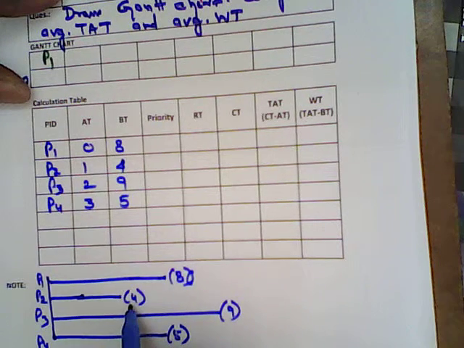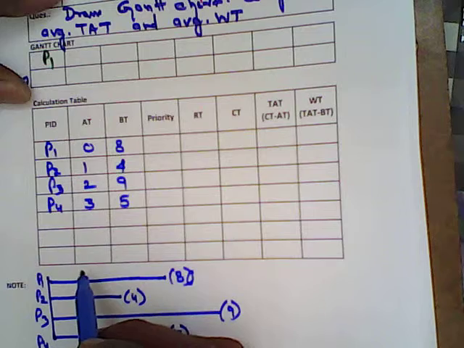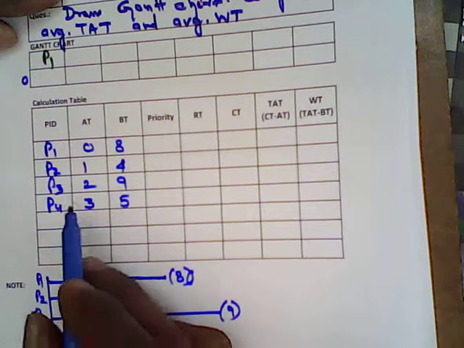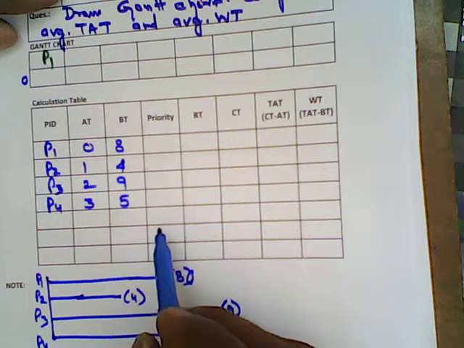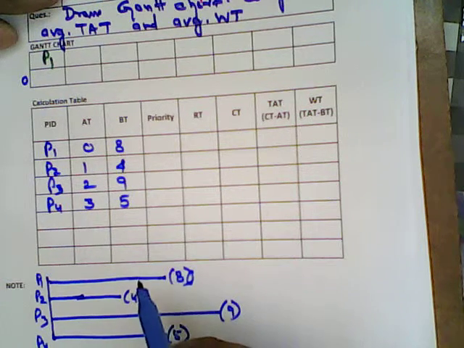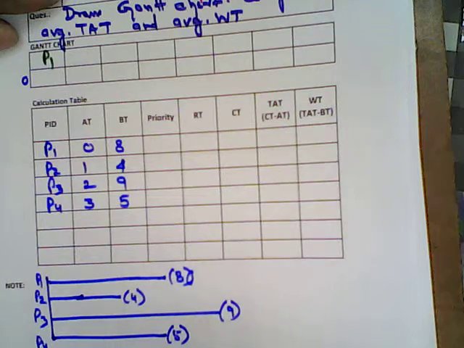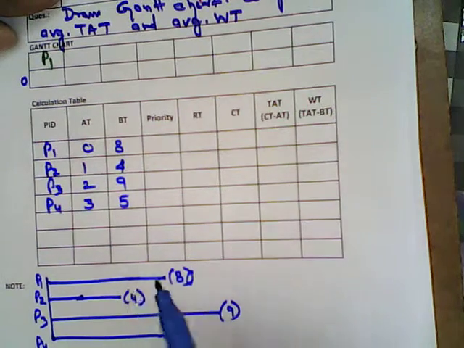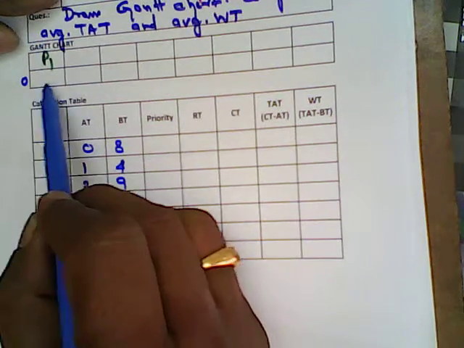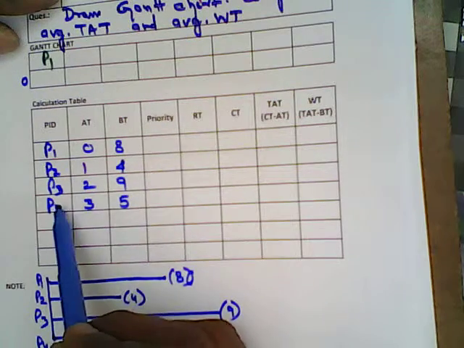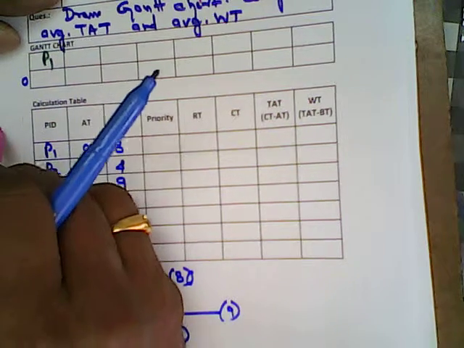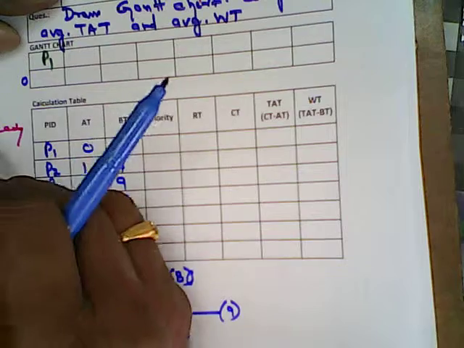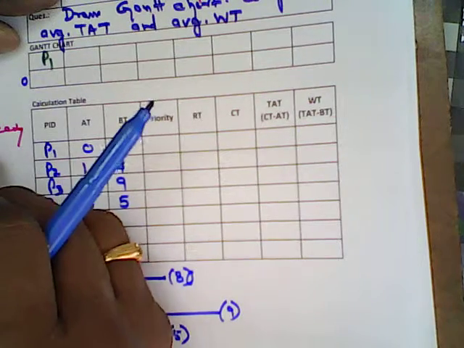Rather, we should see that the arrival time is important to put the initial Gantt chart until the ready queue condition is satisfied. I repeat again, we have to put the Gantt chart in such a way that until the ready queue condition is reached, we go with the selections of the burst times such that the whole process comes in the queue.